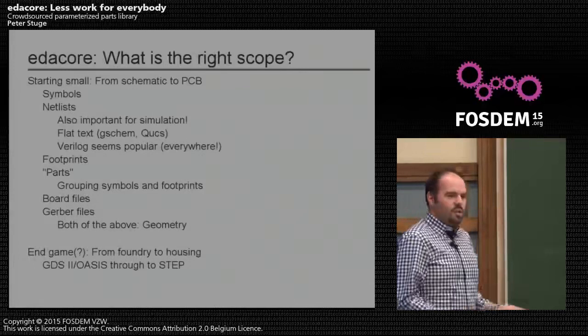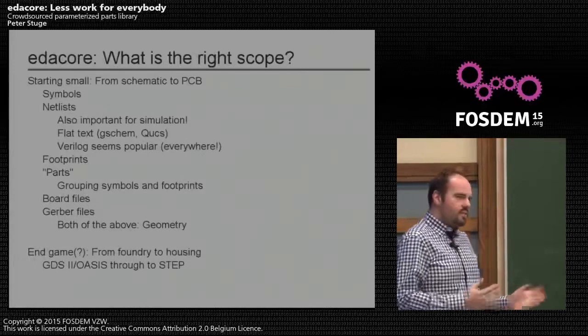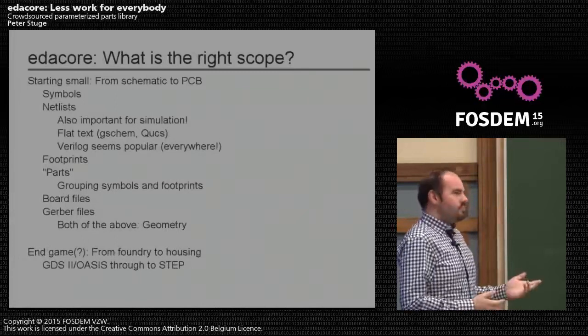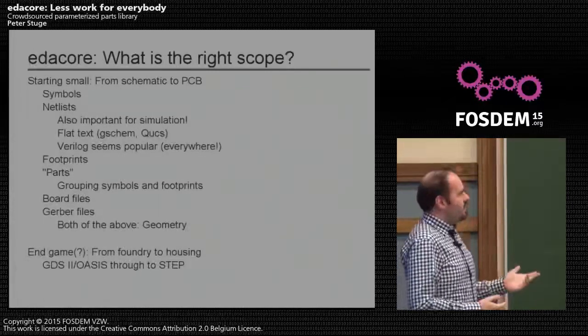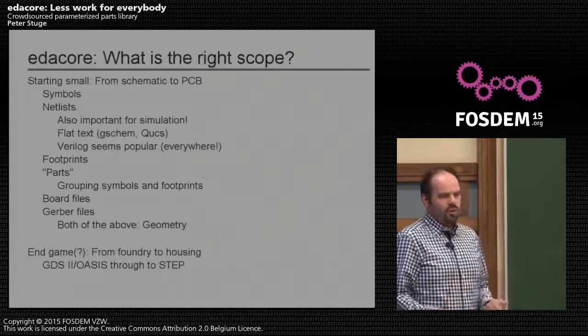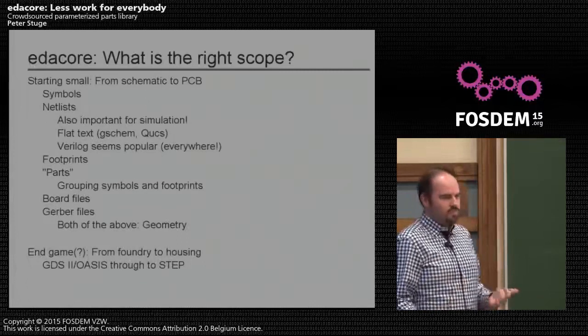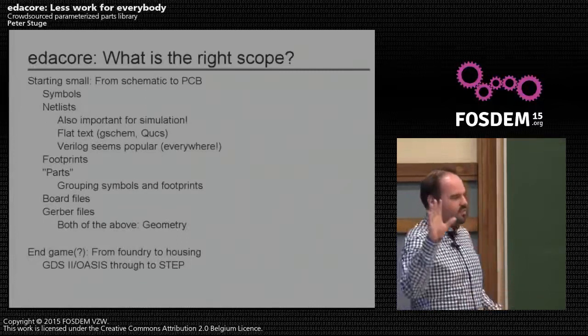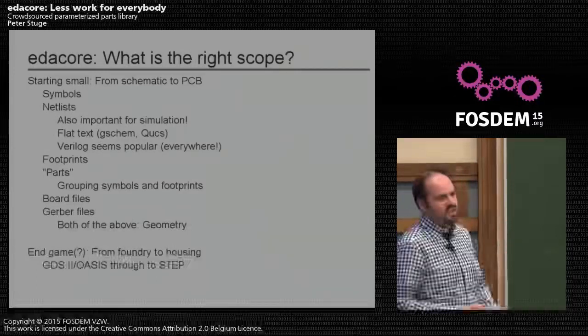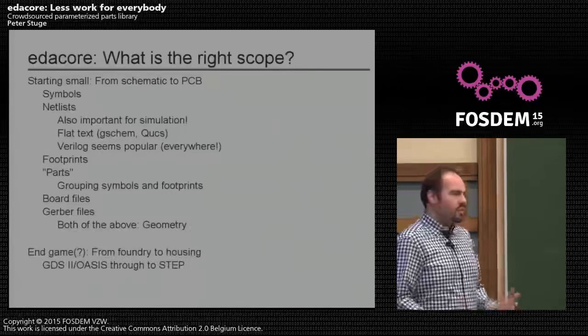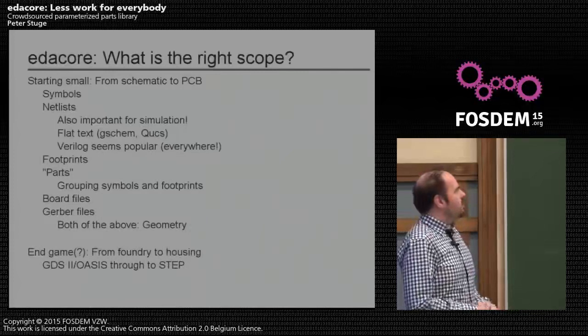So something like symbols and perhaps net lists as well. But if we're doing net lists, then as we know, this is also important for simulation. So then we suddenly have to consider one more set of requirements or specifications, needs.